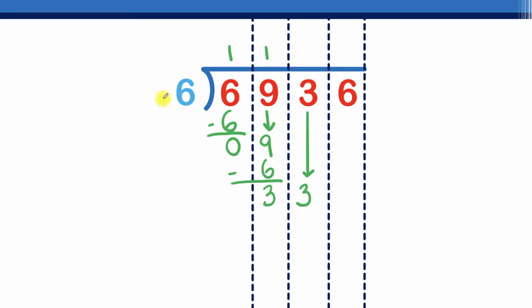How many times can 6 go into 33? Well, that's 5. So we'll put 5 here, because 5 times 6 is 30. And we'll write 30 under the 33.